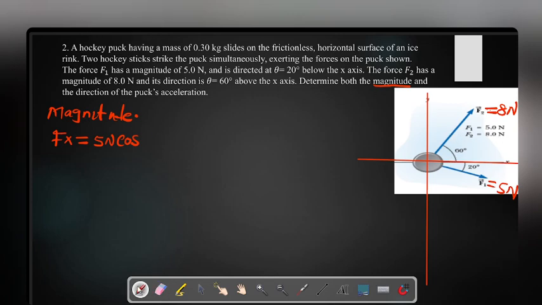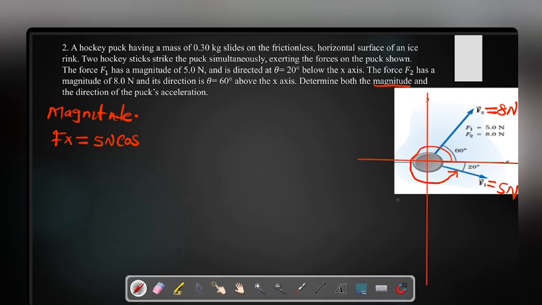Since we are picking the angle that is above the x-axis, for force number 1, we'll start right here from 0 and move all the way up to this point before that 20 degrees. So to get that angle, you just say 360 degrees minus this 20, meaning that you're getting the remainder.